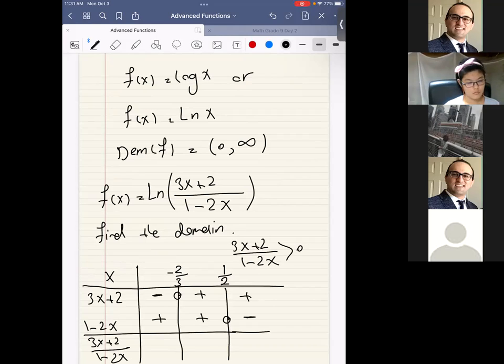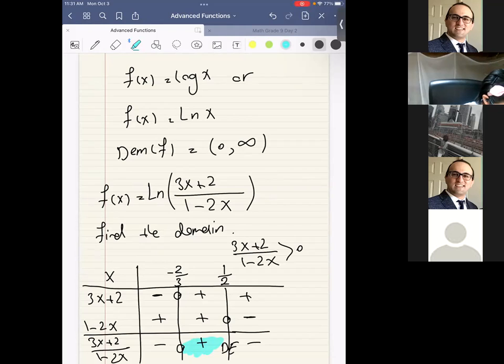And 3x plus 2 over 1 minus 2x is 0 when x is minus 2 over 3. It's not defined, does not exist, when x equals 1 half. It's positive here, negative here, negative. So the domain that we are looking for is this region.